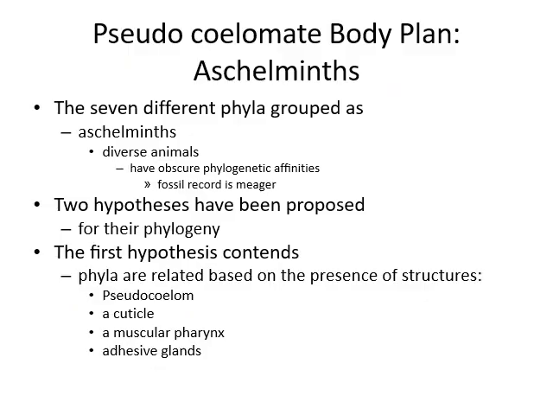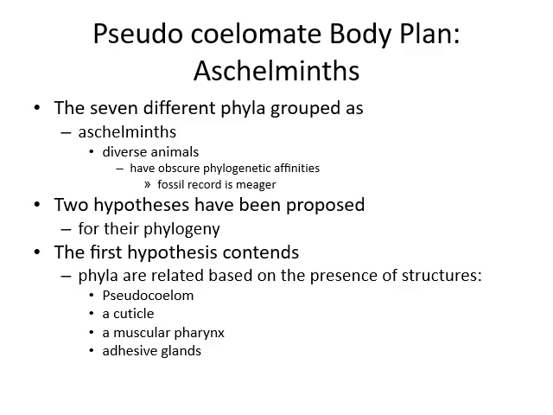In the pseudocoelomate body plan, there are seven different phyla and they have very diverse animals, and their fossil record is also meager. There are two hypotheses.